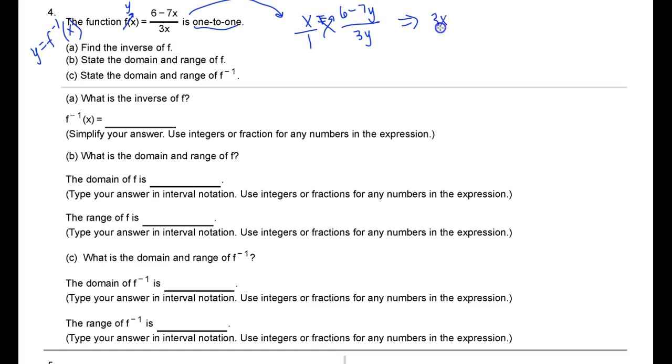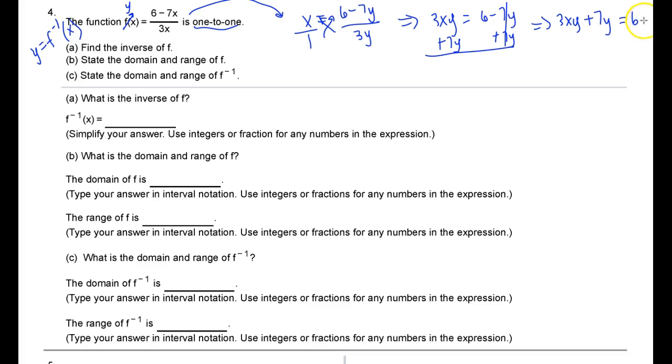So that'll be 3xy equals 6 minus 7y. And of course, we need to get all terms with y on the same side, so we'll add 7y to both sides. We'll end up with 3xy plus 7y, which is equal to 6.